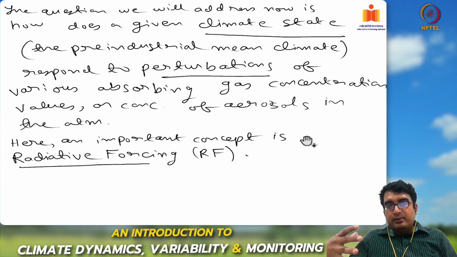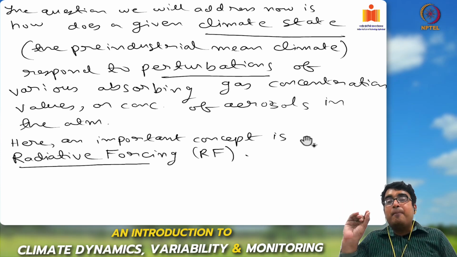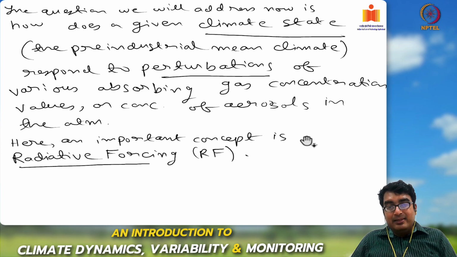In this context, we will ask, how does a given climate state, suppose the pre-industrial mean climate, which is the climate that the world was experiencing till around 1750 CE, respond to perturbations of the various absorbing gas concentration values or concentration of aerosols in the atmosphere?